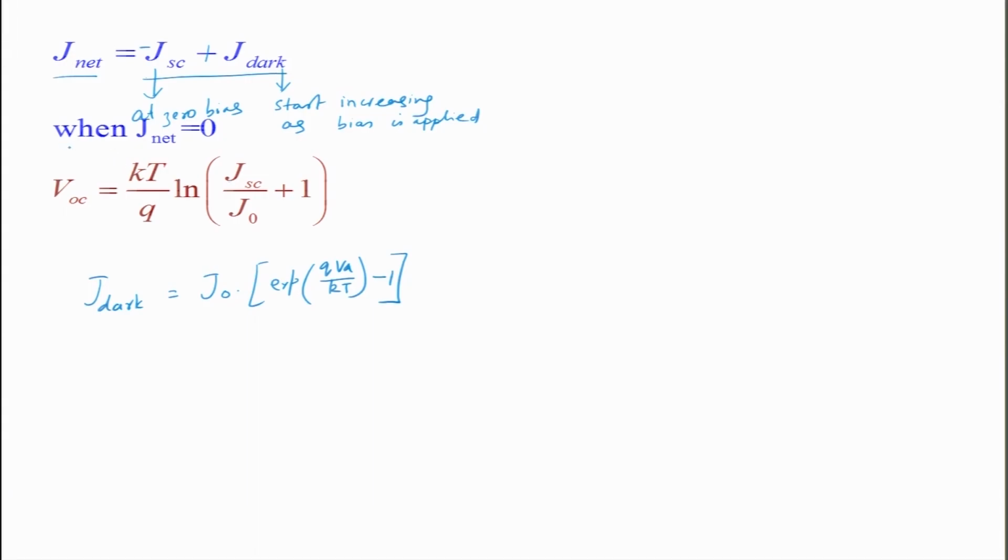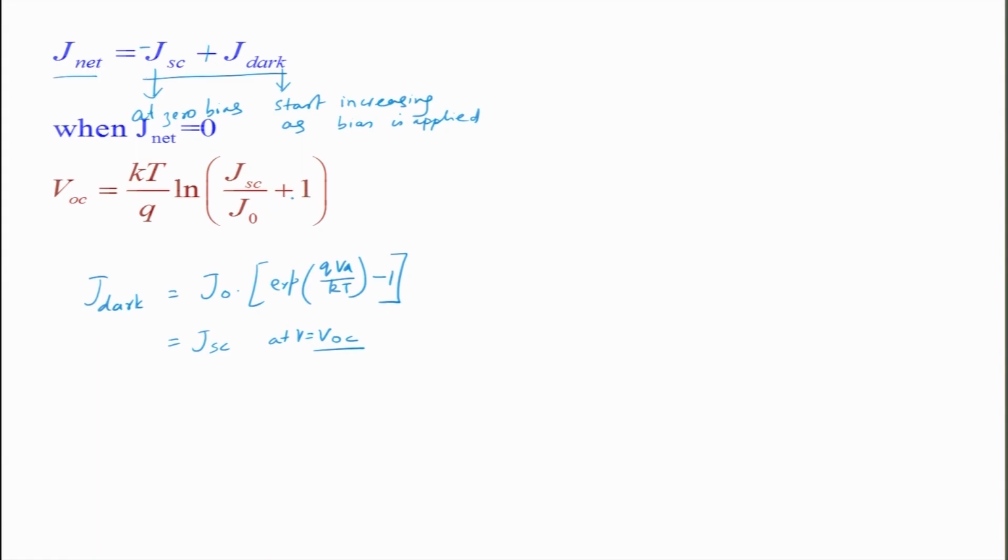So, when J net is equal to 0, JSC is equal to J dark, and that is when V is equal to VOC, right. So, if you now make it equal to JSC at V equal to VOC, then I can replace Va with VOC. So, VOC will become kT by q into ln of JSC by J naught plus 1.